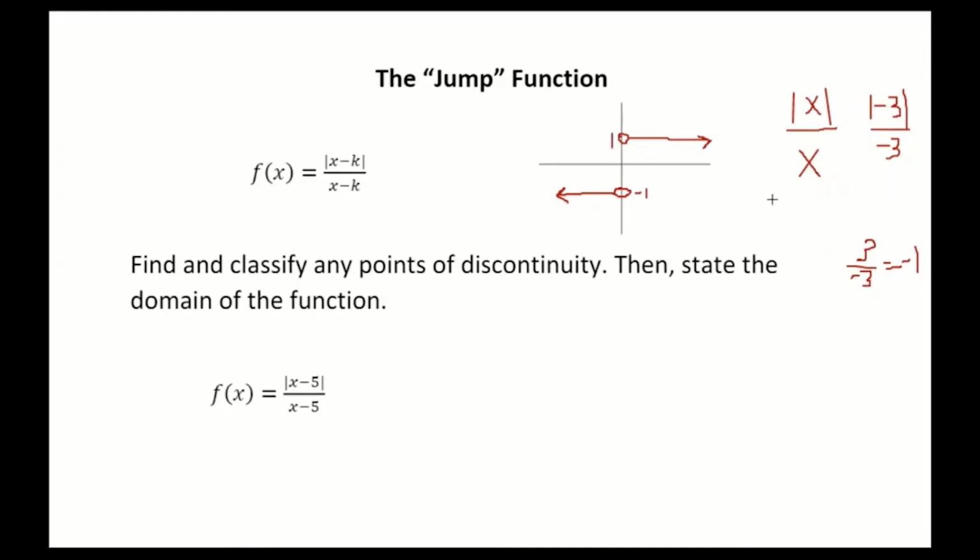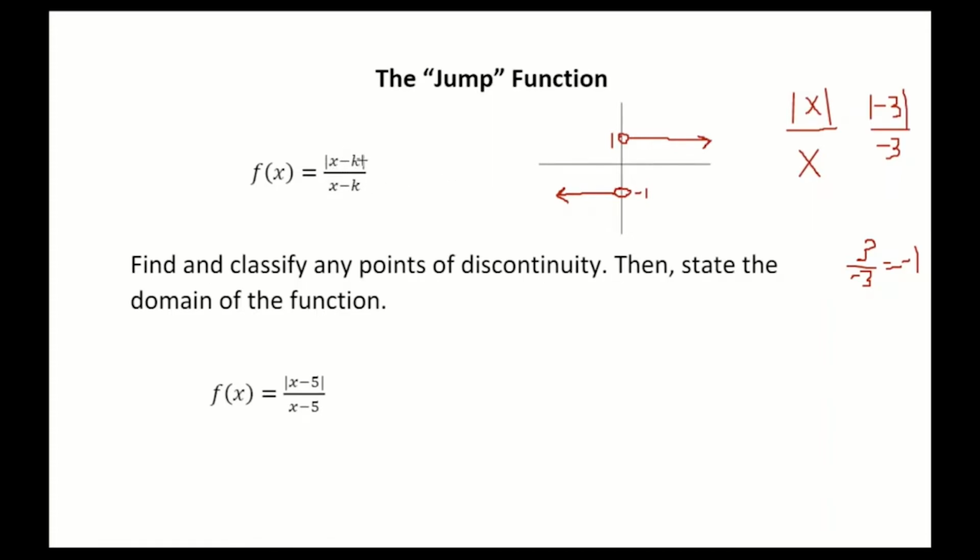So we can generalize this idea beyond just x over x, and we can add or subtract some constant here. So let's say we have the absolute value of x minus k over x minus k. Now, as we know from our discussions on transformations, if you add or subtract a number to your input, to any particular function, that's just going to shift it left or right.